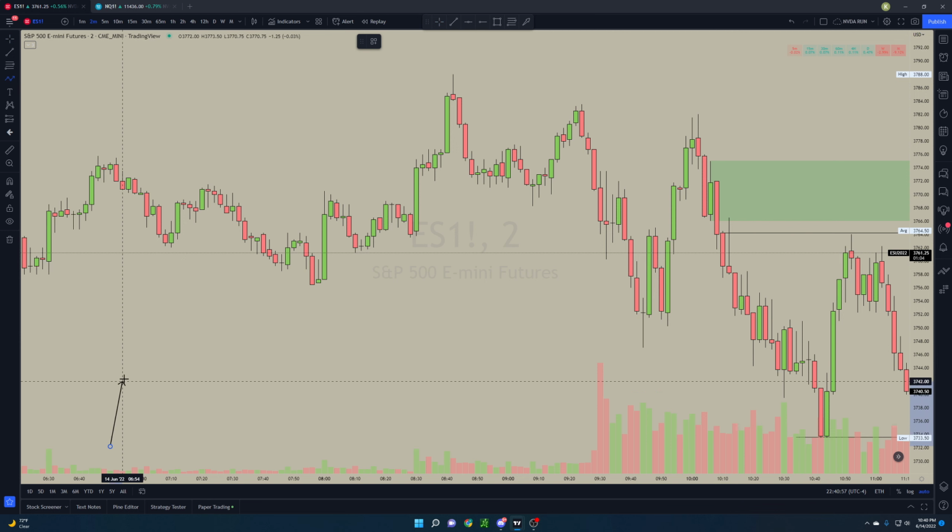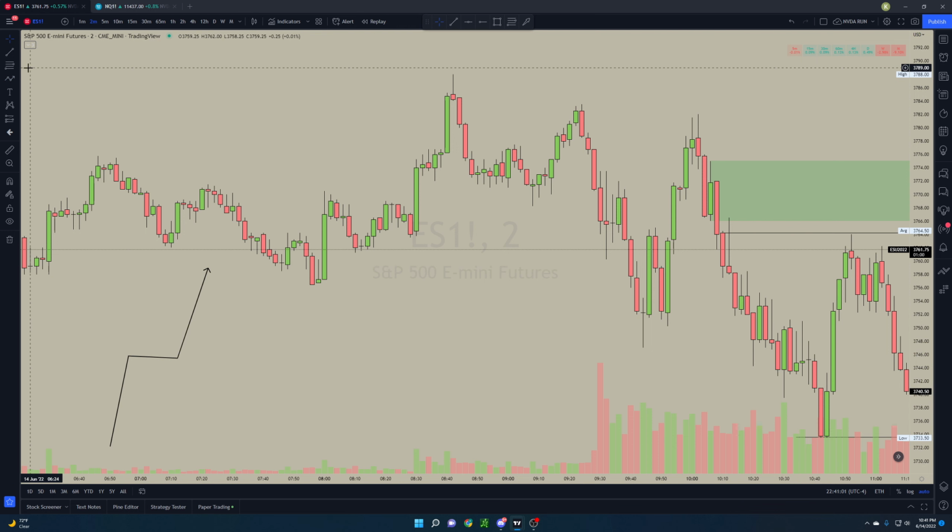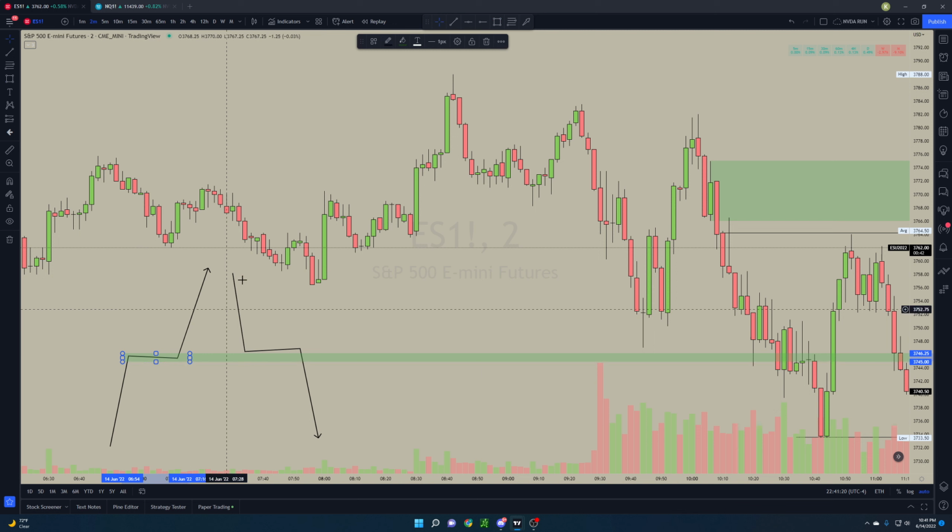So this is how it'll work: you get a rally, then a base, and then a rally again. Inversely, you get a drop, a base, and then a drop again. You see this all the time. So 9 times out of 10, there's an order block within these consolidation areas, or a supply and demand zone.